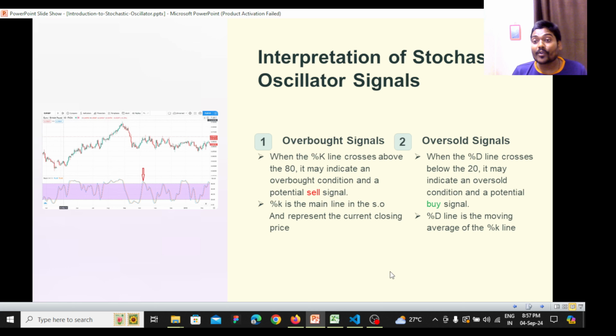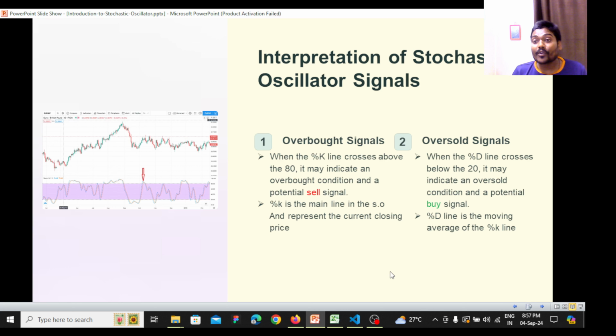So here is the calculation of the stochastic oscillator. How to calculate? The stochastic oscillator is represented by K, and we find the percentage of the stochastic oscillator. The formula is: last closing price minus lowest price, divided by the highest price minus lowest price, into 100.